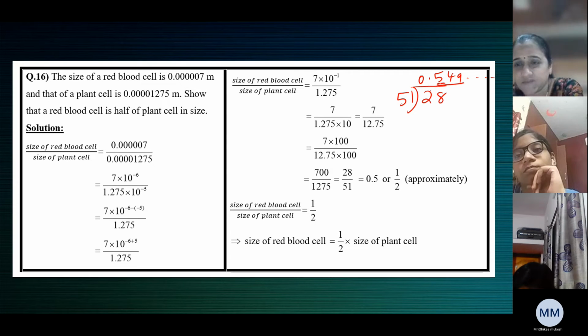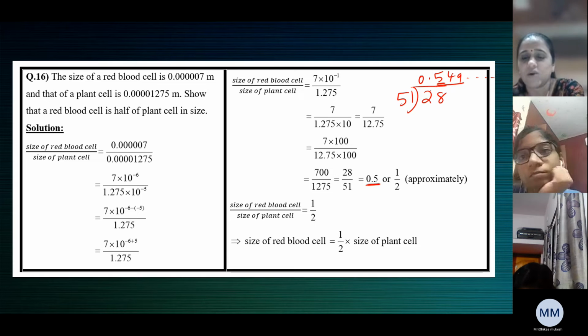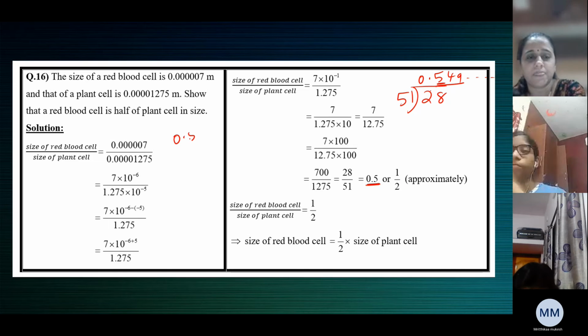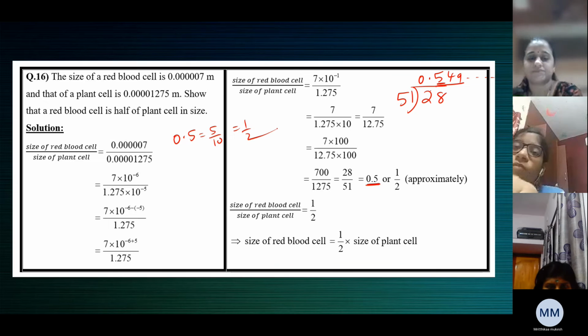So we get 0.5, right? That's enough, 0.5. So what is 0.5? It's also 1 by 2, right? You agree? 0.5 is 1 by 2, because 0.5 means 5 by 10 and 5 by 10 means 1 by 2. Approximately.